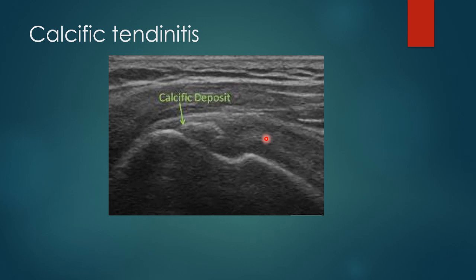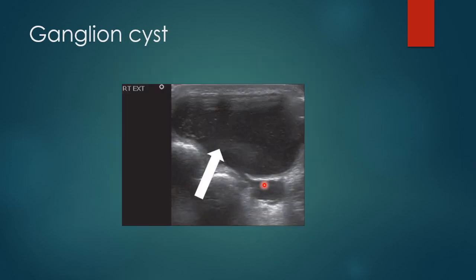Another most common pathology by far is the calcific tendinitis, where we see calcifications in the supraspinatus tendon mainly, with increased thickness of the tendon. This is an example of a ganglion cyst seen in the suprascapular notch, causing entrapment of the suprascapular nerve.